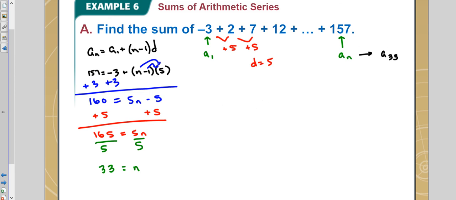So now if I want to use the first formula, I could say the sum of the first 33 terms is equal to n over 2, which in this case is 33 over 2, times the first term, negative 3, plus the last term, which is 157. So here I get 154. I'm going to divide, let's just use a calculator. That's going to be a huge number.